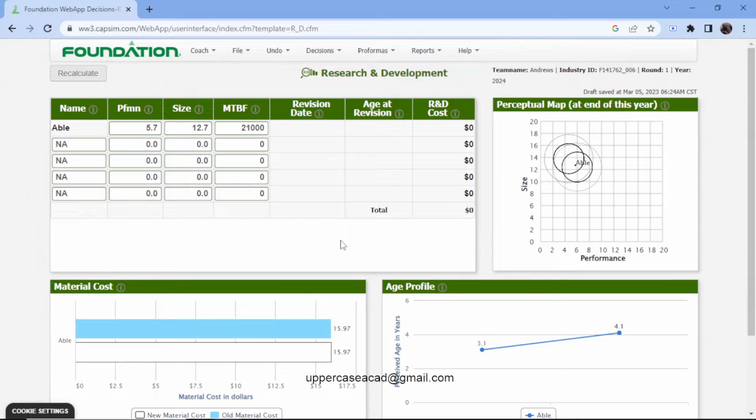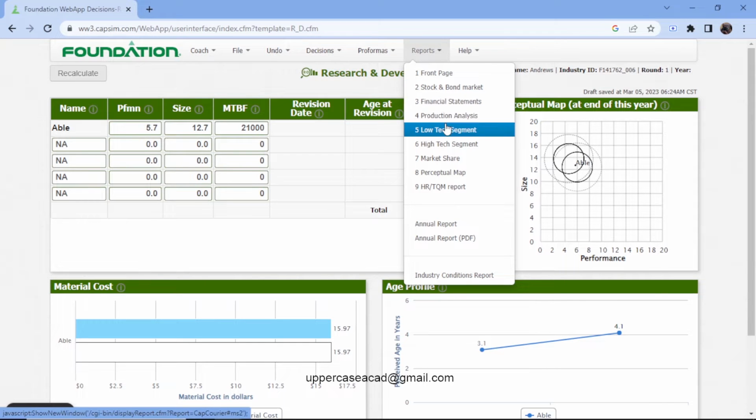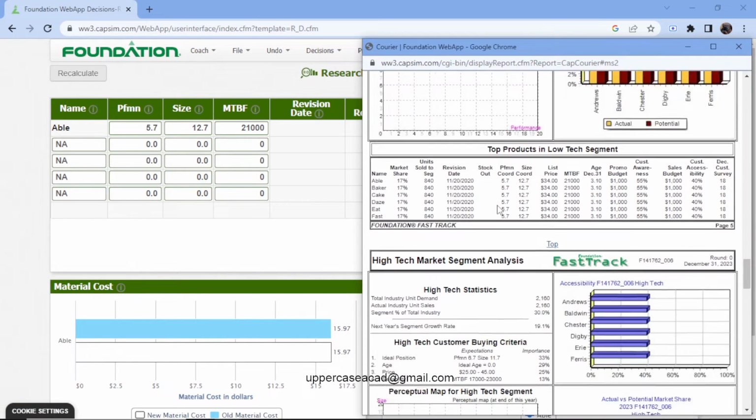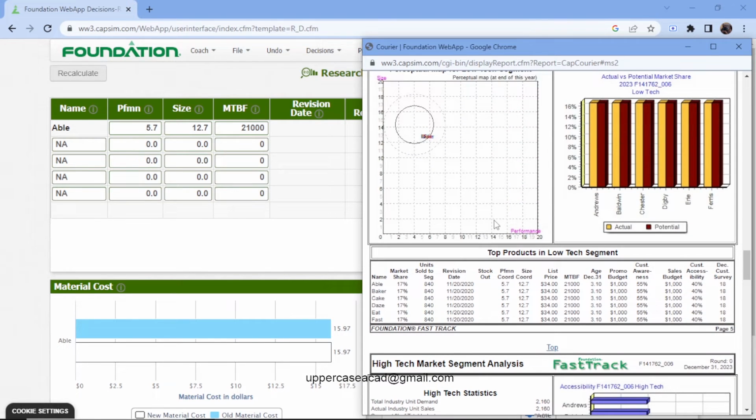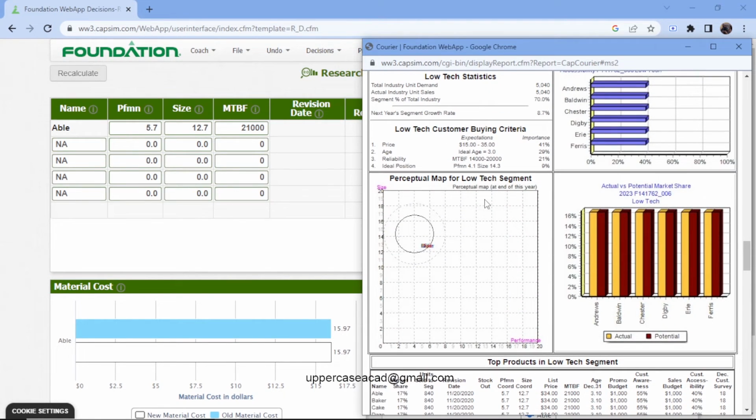So I want to position my product so that I may sell it in both the high-tech and the low-tech market segment. I'll come into the reports. The high-tech want a product with the ideal positioning of 6.7 and 11.7, and the low-tech want a product with a position of 4.1 and 14.3.